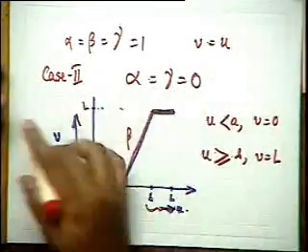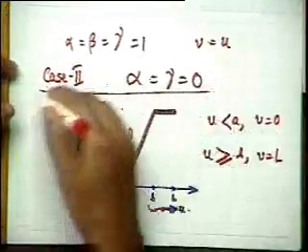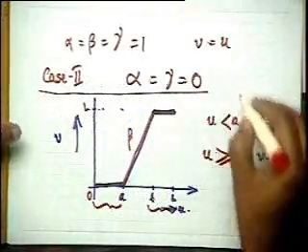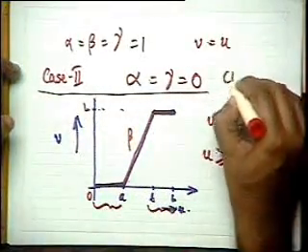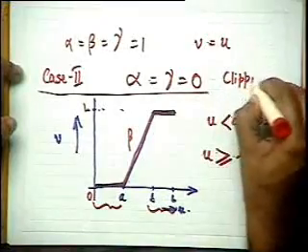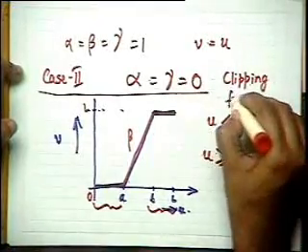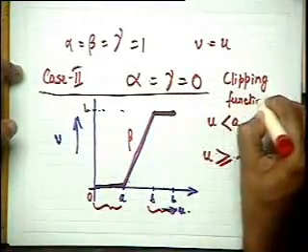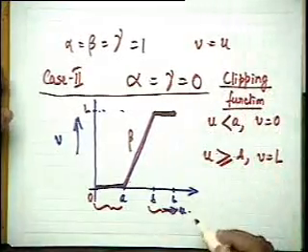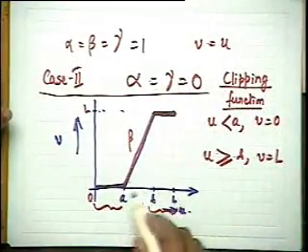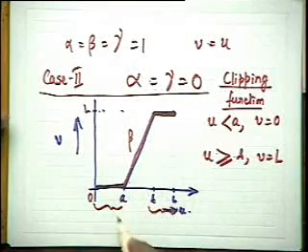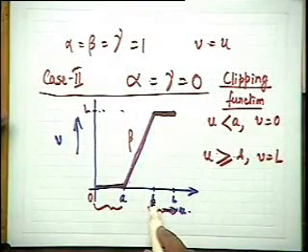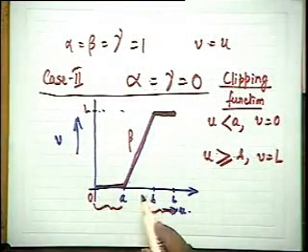Now this kind of transfer function which follows case 2 is called a clipping function. It is called a clipping function because any intensities not falling within the zone of A to B are getting clipped.